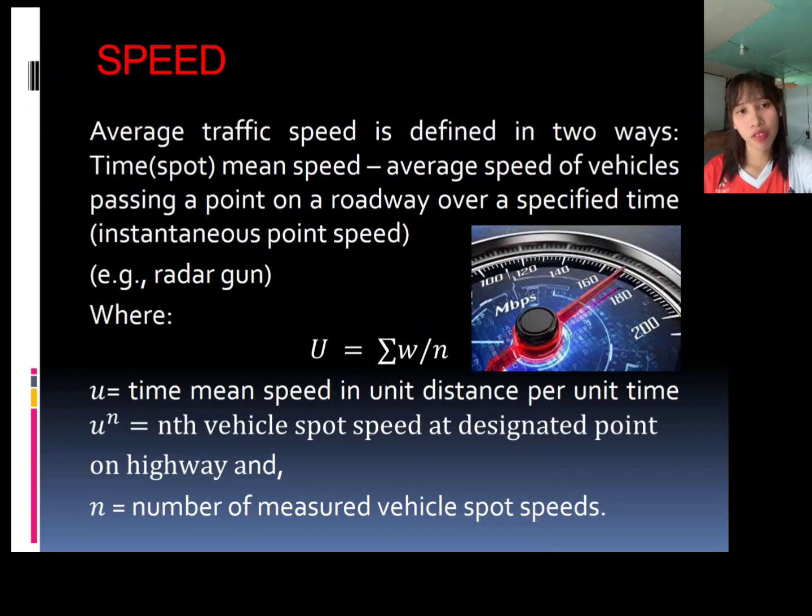U is defined as the time mean speed in unit distance per unit time. U sub n is equal to the nth vehicle spot speed at a designated point on the highway, and n is equal to the number of measured vehicle spot speeds.